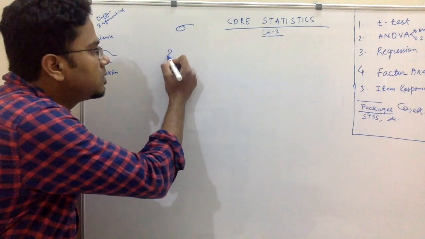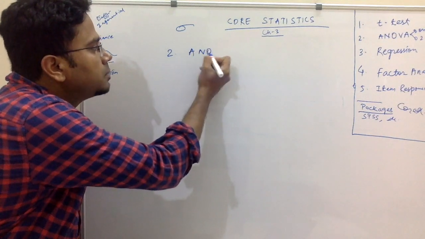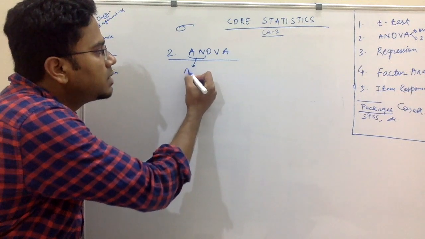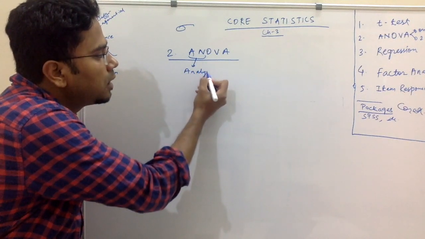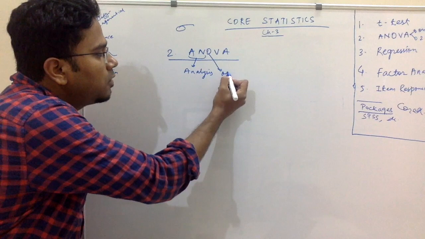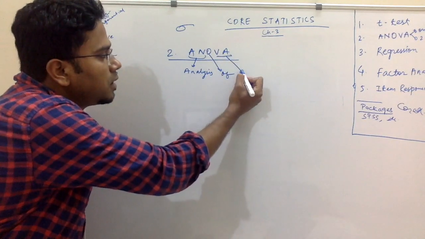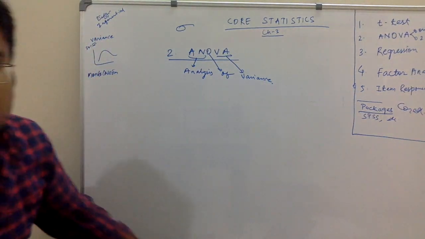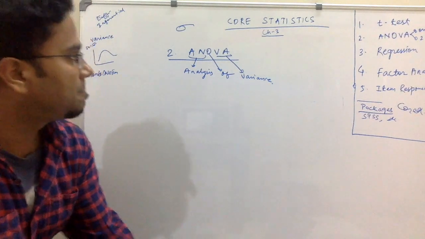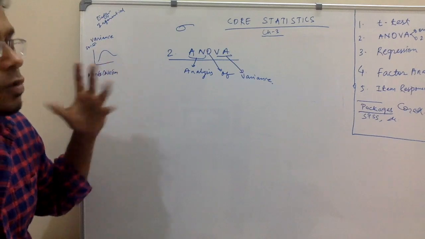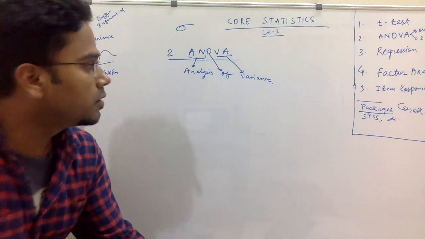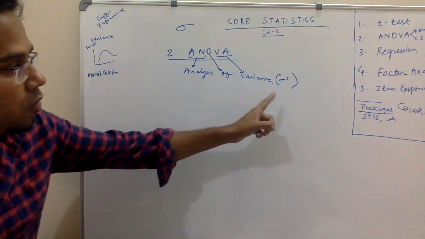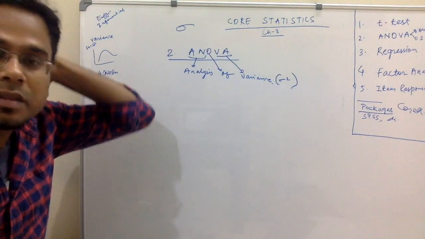Okay, so your next topic is ANOVA. ANOVA stands for analysis of variance. Now, analysis of variance means what? Variance is what? Sigma square. Okay. I told you what this is, right?